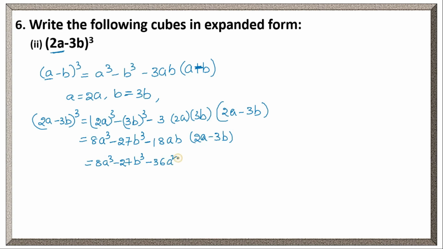That means a two times, b. Minus into minus plus 18 into 3, 54 a b square. Here b is b into b square. Clear? This is the expansion of (2a − 3b) whole cube.